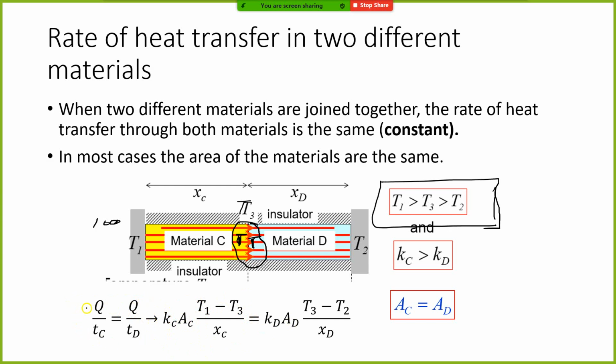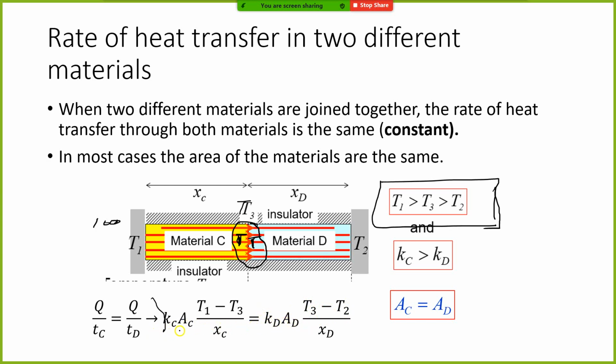As you're seeing on the screen here, the rate of heat transfer in material C is equal to the rate of heat transfer in material D. We can rewrite it to say that the thermal conductivity of material C times the area times the temperature gradient is equal to the thermal conductivity of material D times the area of material D times the temperature gradient for material D. Now, remember, the areas are constant as well, right?